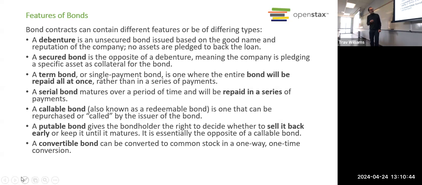And what's the difference between a callable bond and a puttable bond? So the callable bond, the bond issuer or bond seller has a right to call back that bond whenever they want.